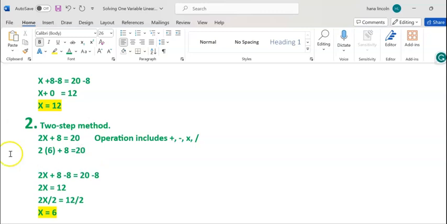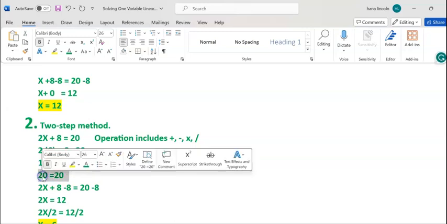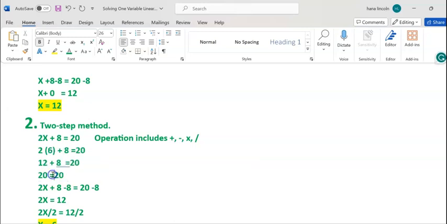So now 2 times 6 is 12, plus 8. I just copy the top one. 12 plus 8 is 20, equal, copy the top one again, 20. So we prove our answer is correct, right? 20 equals 20. So the value on the right and left side of equal is 20. So our answer is correct.